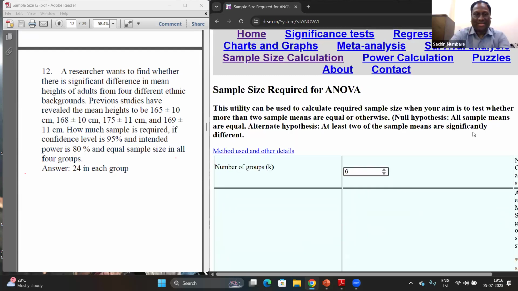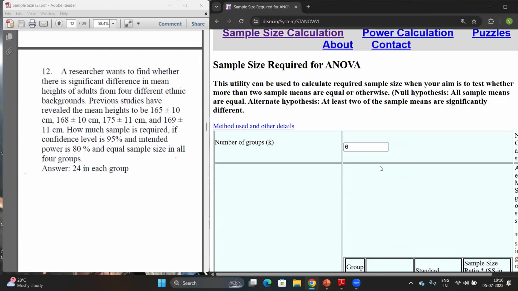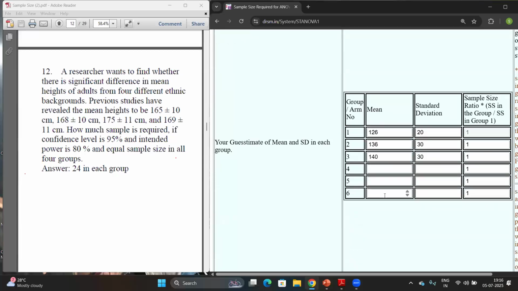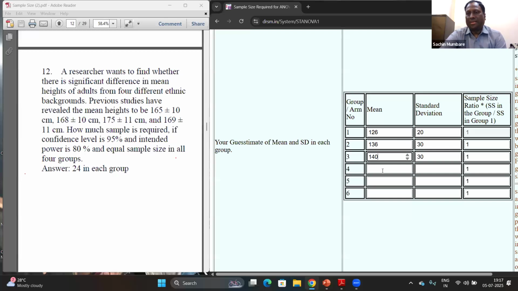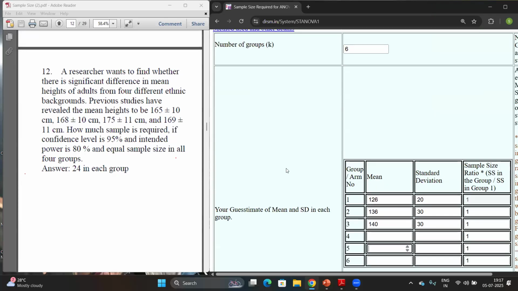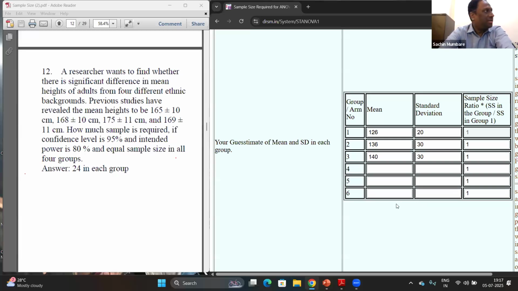If I put 6, how many groups are there now? Six are there, sir. Okay. So you have to put the number of groups in your study here, and those many number of rows will be visible here.